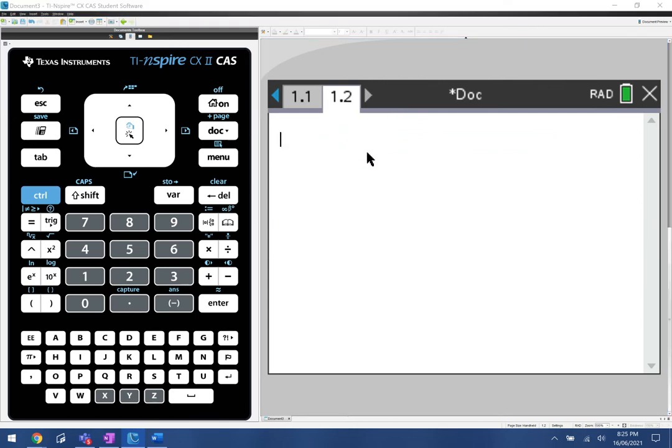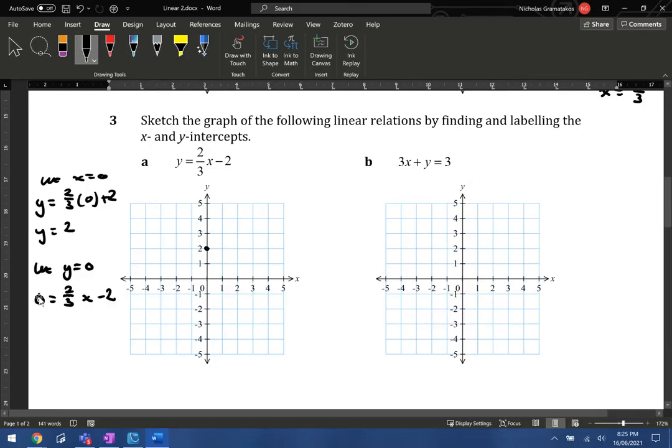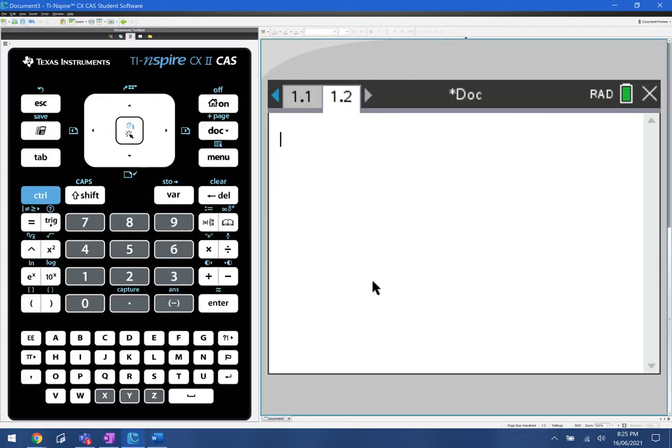So our equation was 0 equals 2/3 x minus 2. So this is the standard solve procedure. I'm going to type solve, or if you're down for a shortcut, it's menu 3-1. Write the equation in as we see it.